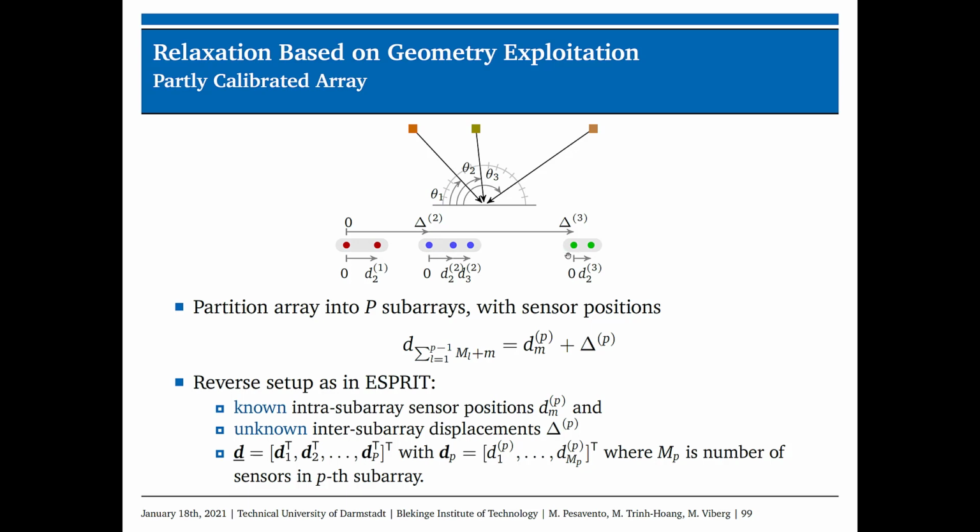Then the sensor position of the m-th sensor in the p-th subarray can be computed by taking the position of the sensor in the subarray and adding the displacement delta p to it. Here we consider a linear array for simplicity, but we are not restricted to linear arrays in our derivations.